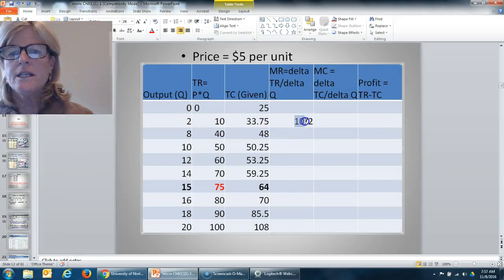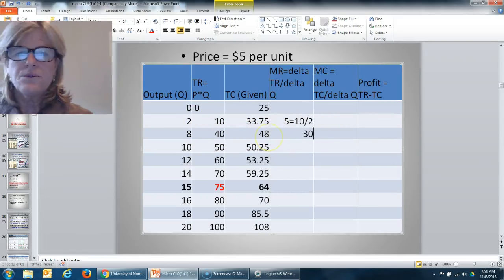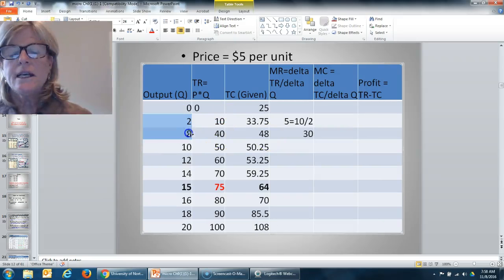The change in total revenue is 10. The change in output is 2. And so that's going to be 5. How about here? The change in total revenue is going to be 30 because we're going to go from 10 to 40. And then the change in output will be 6.